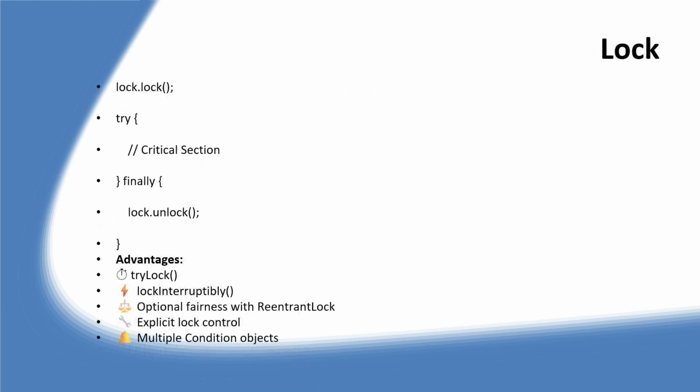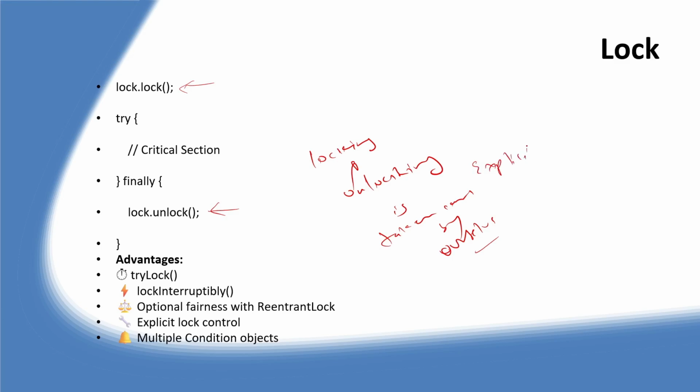And the lock API requires more explicit management. We will lock and we will do the unlocking. Locking and unlocking have to be taken care of by ourselves, so we have more explicit control over locking.